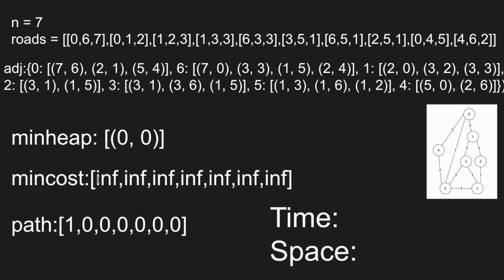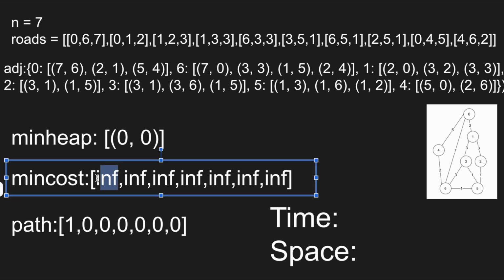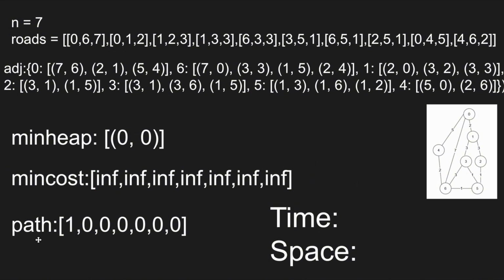And don't worry about the min cost at 0 because at 0 it should always be 0, but we initialize it to infinity. And if you want to be very literal about it, I guess you can initialize the first element to 0. But for my sake, I just did infinity times n to make it easier. And we will have a path array to keep track of the number of ways to reach certain nodes.